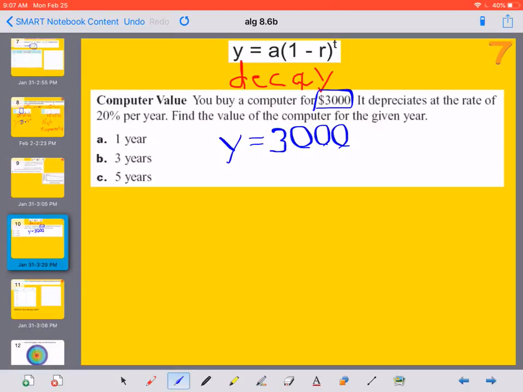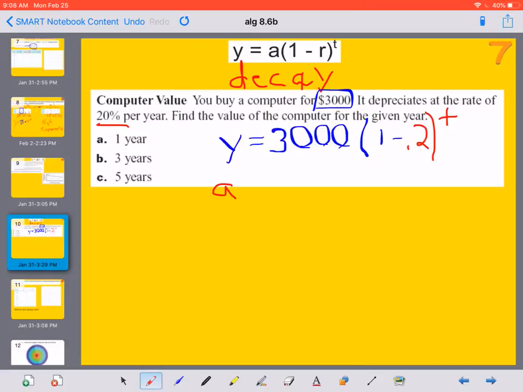So $3,000 times 1 minus, now the r is what it's depreciating at. So depreciating means going down. It's going down 20% each year. Now we're writing that as a decimal, so that's 0.2, and then times to the power t. So here's our equation.